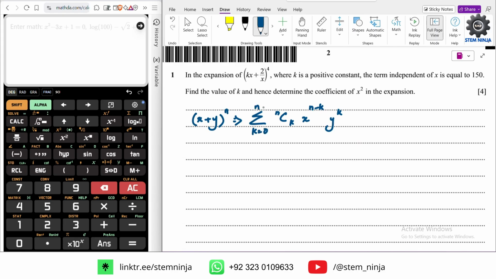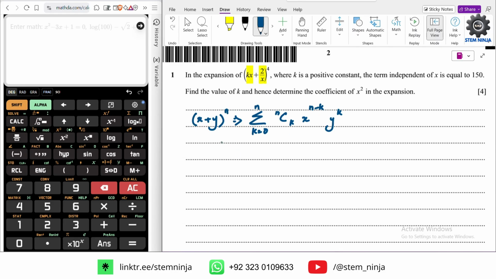So we need to figure out where kx and 2 over x cancel out each other, so let's see where this could happen.